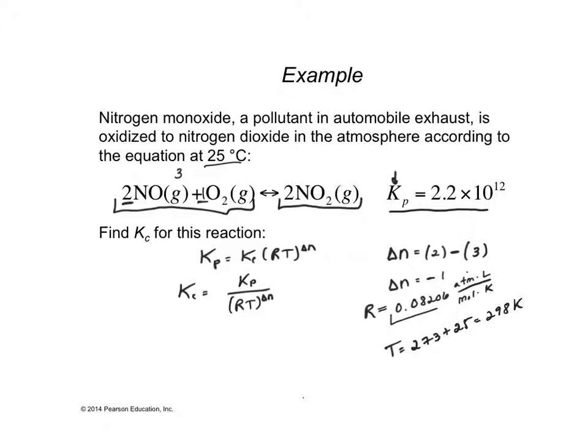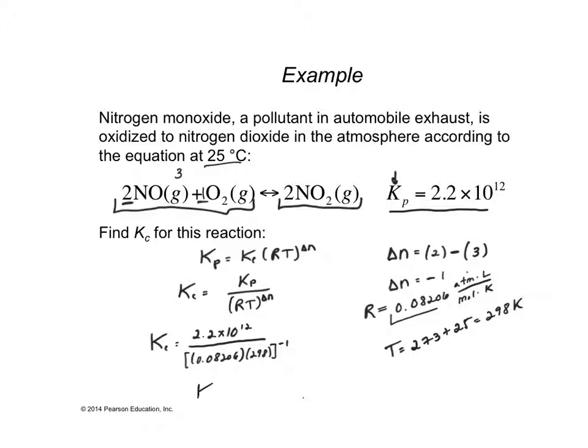So now I can go ahead and plug everything in and solve for Kc. So Kc is going to be equal to 2.2 times 10 to the positive 12th divided by, I'm going to put this in brackets, 0.08206 times 298 raised to the minus 1 power.